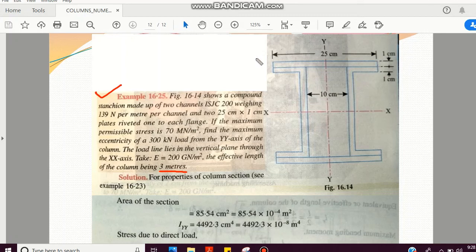As you can see in this figure, this is the x axis, this is the y axis. The two C channels are there with a 10 centimeter gap. This one is the top plate and this one is the bottom plate of thickness 1 centimeter.